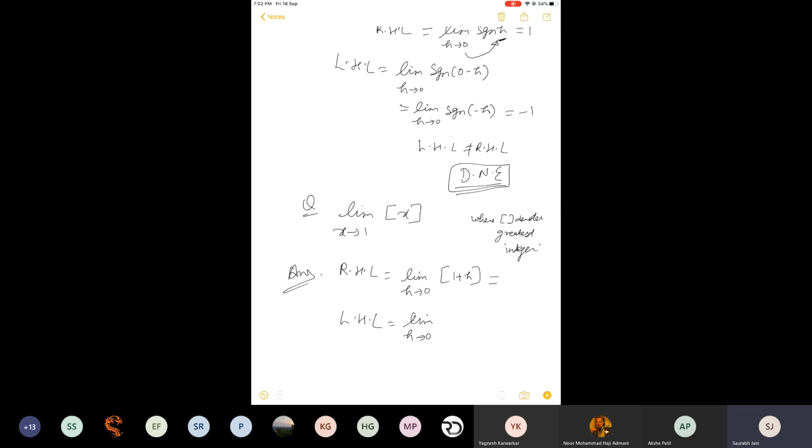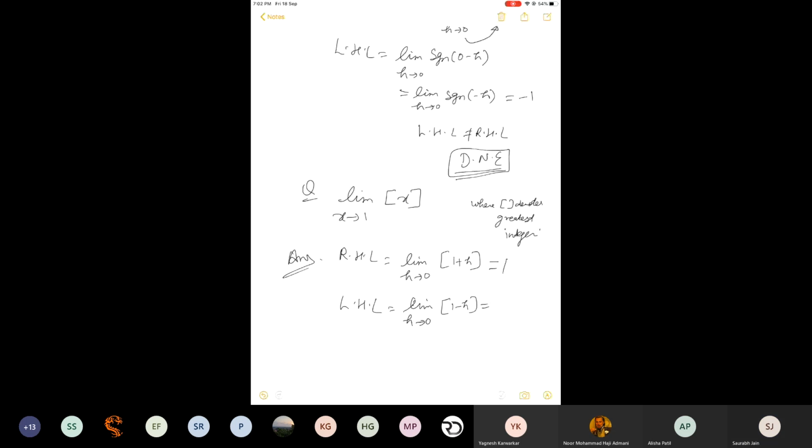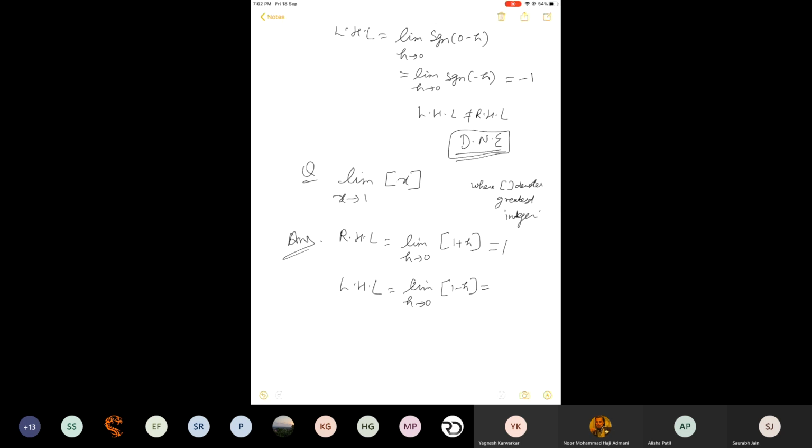Similarly in LHL, we take h tending to 0, but in place of x, we will take a minus h. Now please tell me what is the value. We are studying limit of functions, so function is important. We devoted so much time to it. Tell me what is the value. 0.